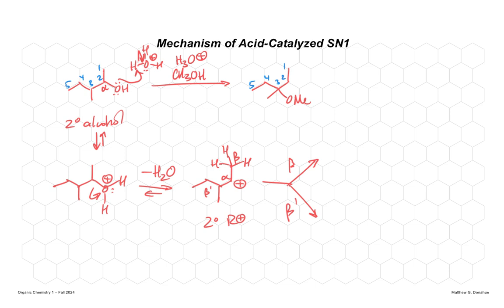So when I draw this shift, as I've sort of darkened there, those electrons in that CH bond are moving over. So that's hydride, H minus. And then the plus charge is going to where that H was.